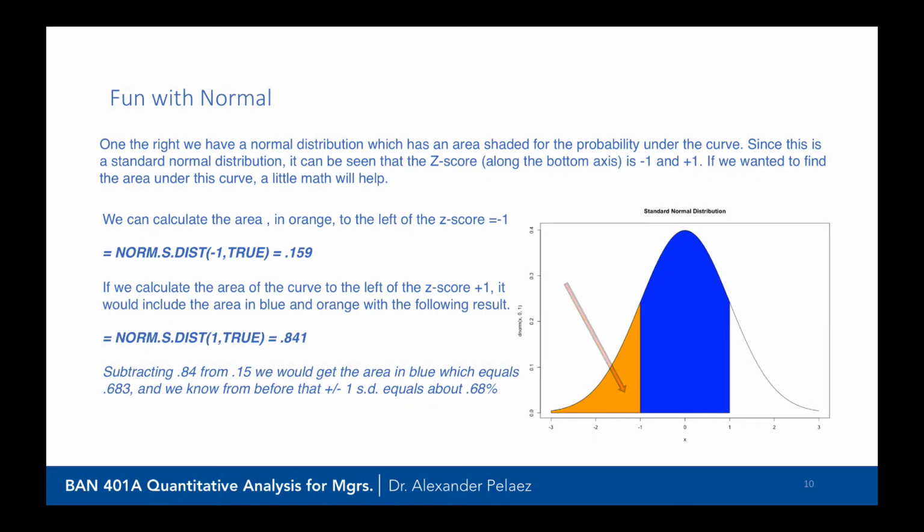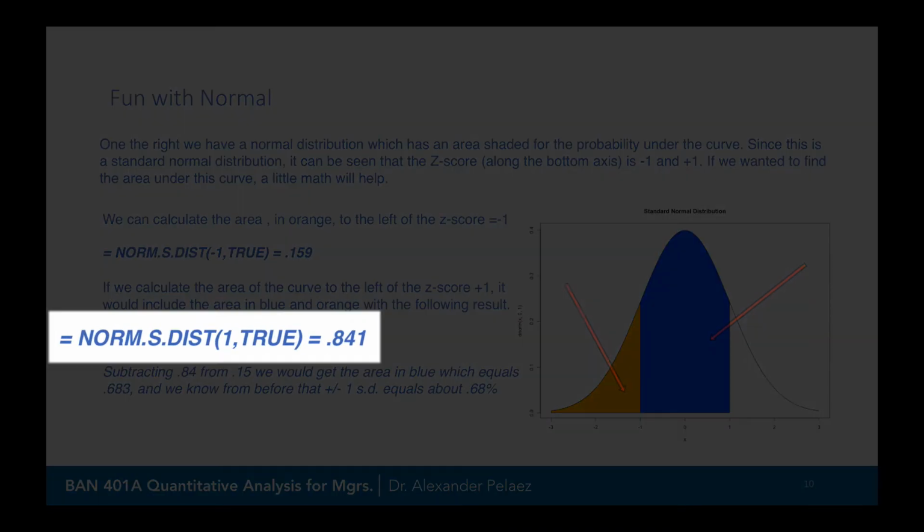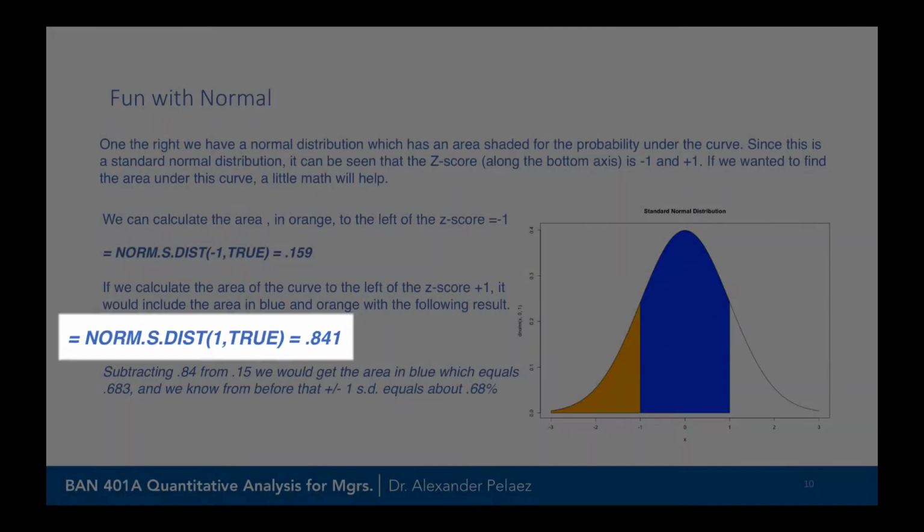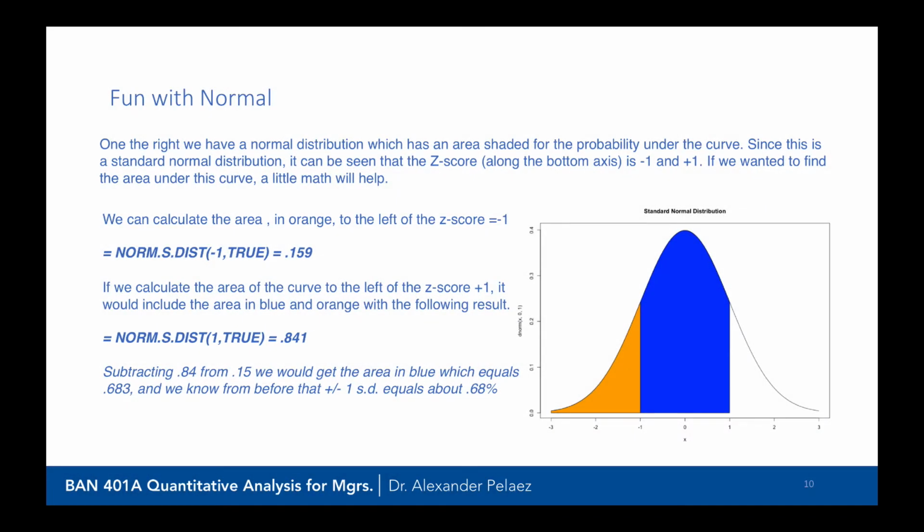If we calculate the area of the curve to the left of the z-score of plus 1, it would include the area in blue and orange and give us the following result. When we use NORM.S.DIST of 1 and the cumulative probability TRUE, it would give us 0.841. Thus, it will give us the whole area, the blue and the orange.